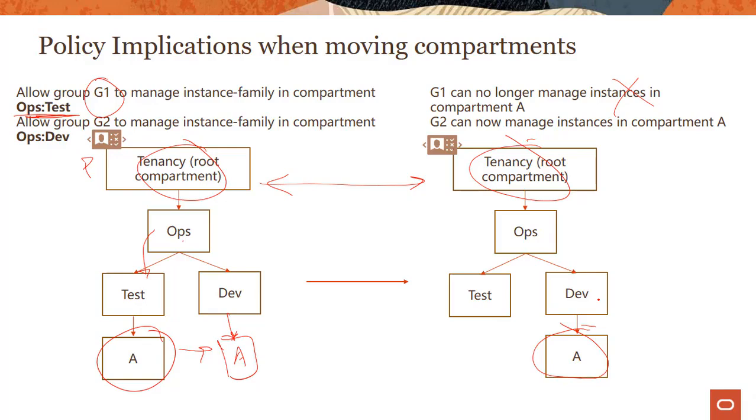But in this case, if you had done ops colon test colon A, and you did the move, it would have changed it to ops dev colon A, as in the previous example, because there is a shared ancestor, and if you had specified this right here, it would have done that.